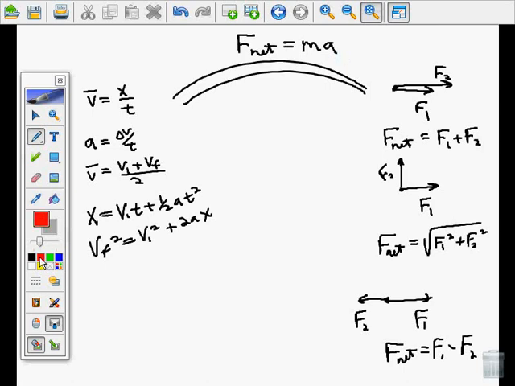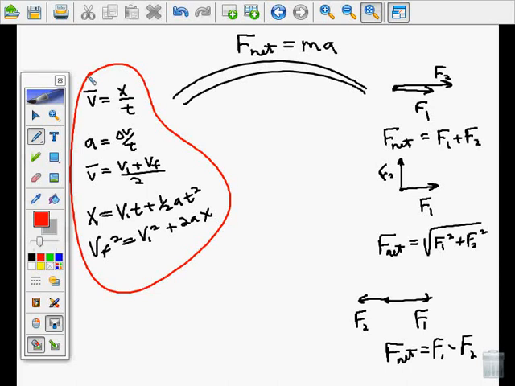Notice over here you have motion terms that have the a in it, and over here you have the F net terms.